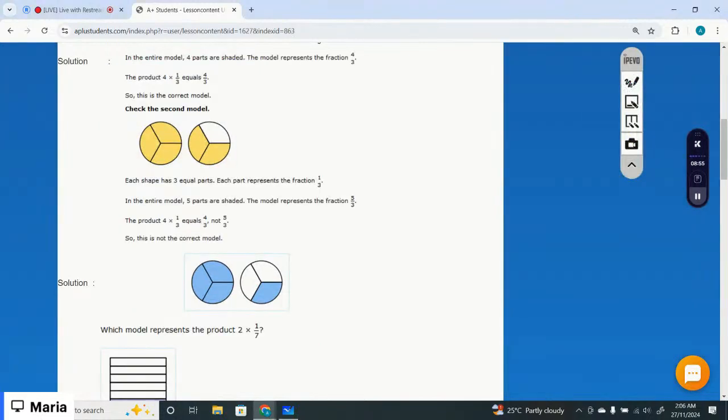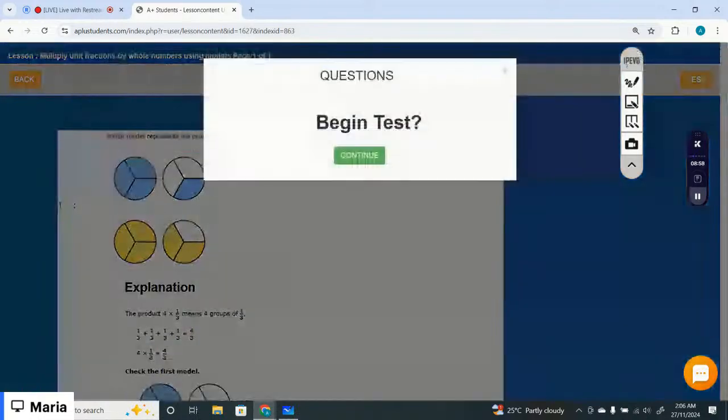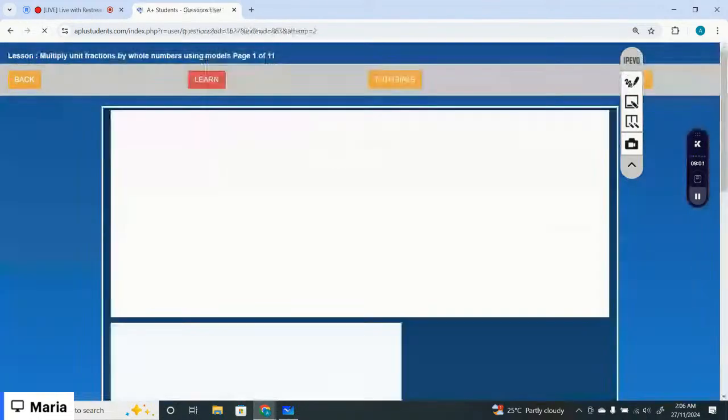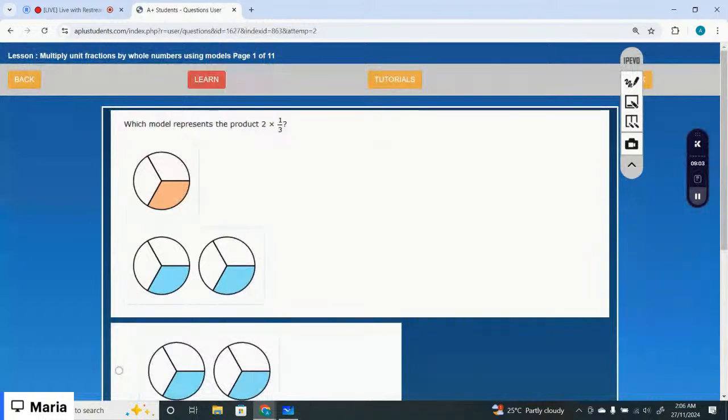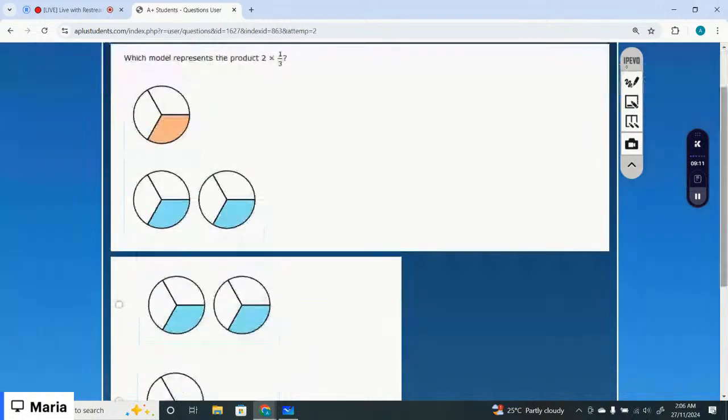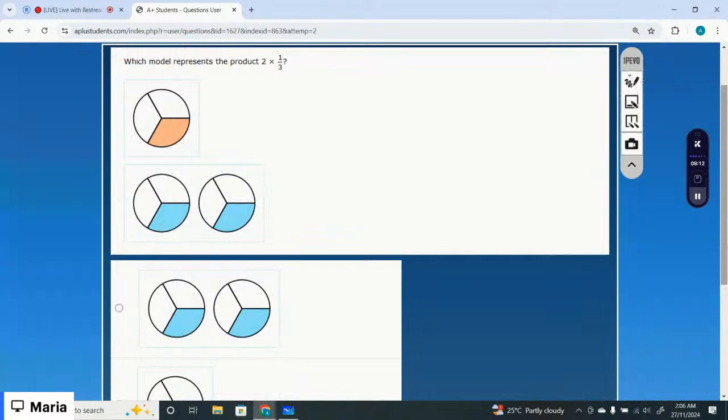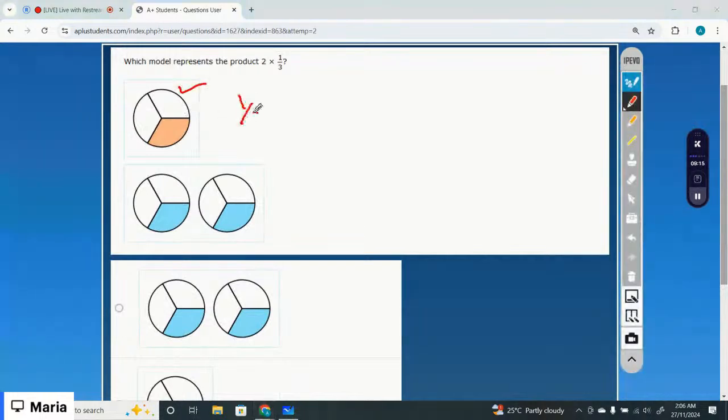Let's just start with the test questions. Which model represents the product 2 times 1 by 3? So which is the correct option? Just look at the models. This model has 3 portions, only one of them is colored, so that represents 1 by 3.